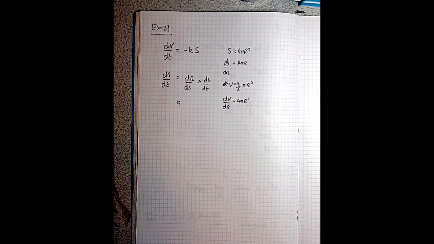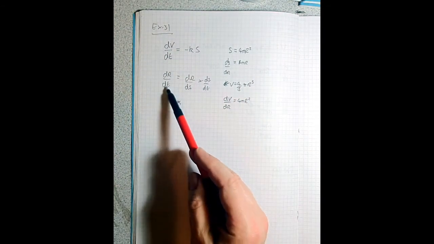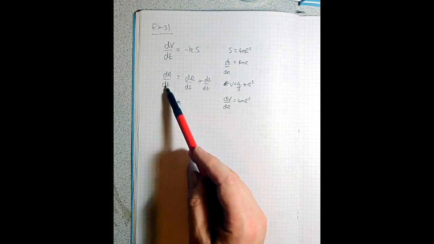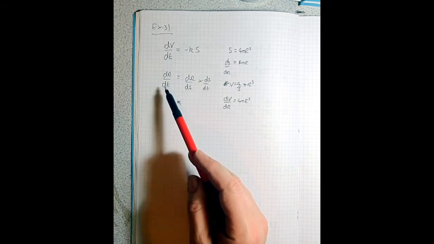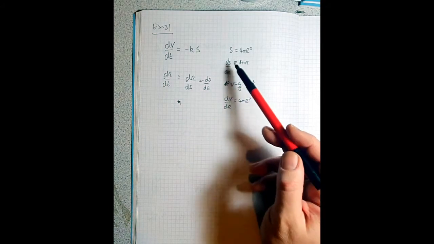Right, let's have a think about this. I want dr/dt. I've got dV/dr and dS/dr.